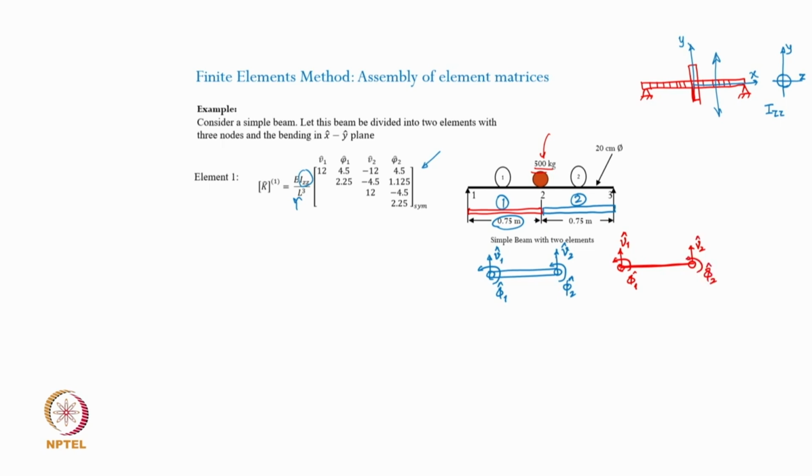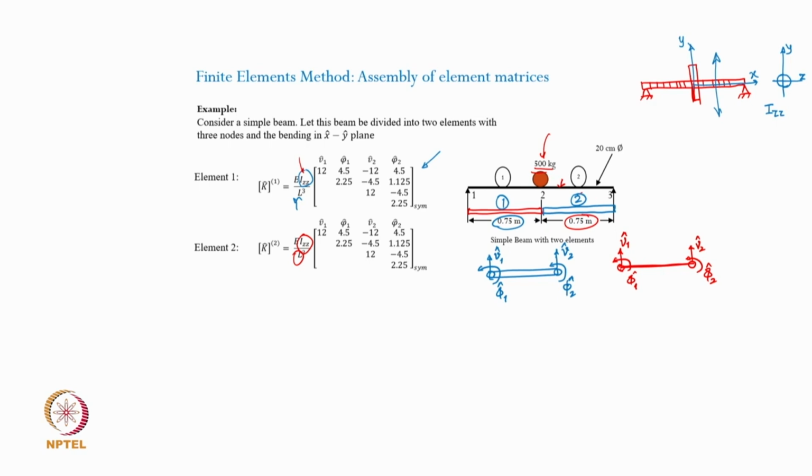The only difference will be that if the shaft diameter here is different, the flexural rigidity will be different. For the second element, we represent this stiffness matrix as you see here. In this case, the IZZ and L will pertain to the second element, which is this.